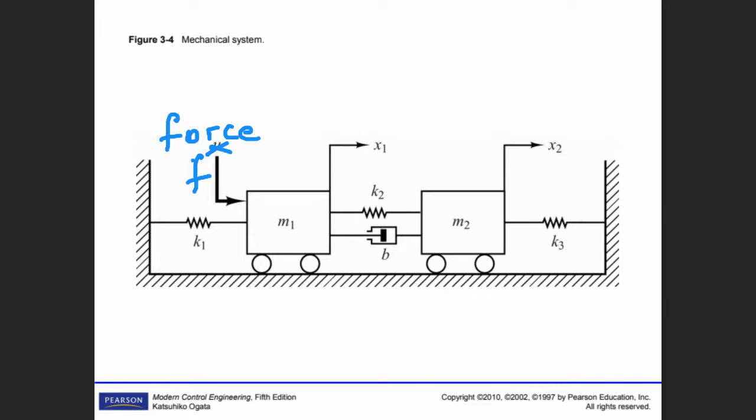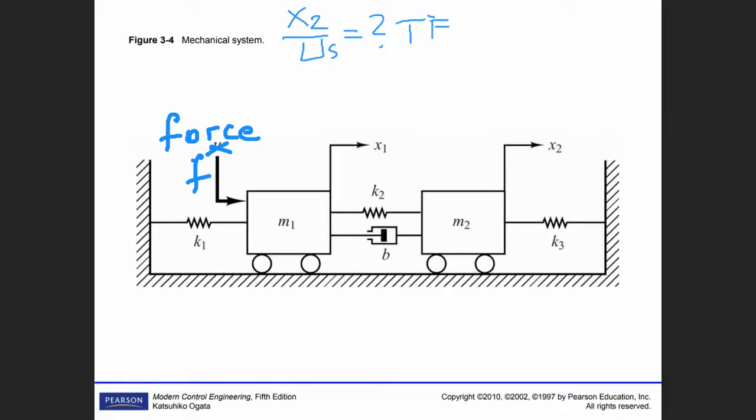What's the transfer function that is expected? X2 over Us. Let me write that here too. X2 over Us is the TF, transfer function. Okay? It is expected that we obtain that one.